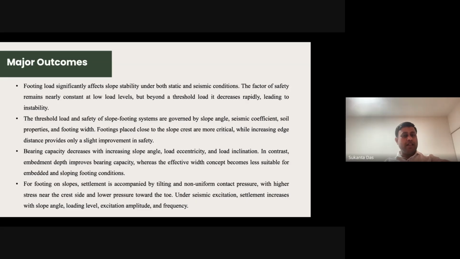Initially it is constant, but then the threshold load comes into the picture, after that rapidly decreasing, leading to instability of the slope. So threshold load and safety of the slope footings are governed by slope angle, seismic coefficient, and soil properties, and those are more critical, while providing sufficient edge distance makes the slope very safe.